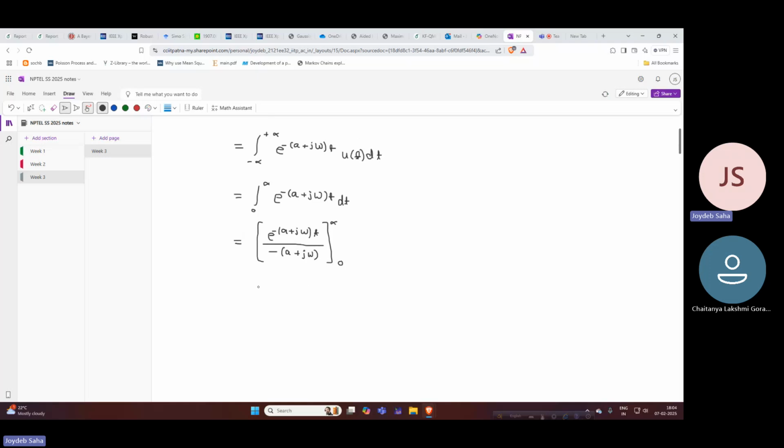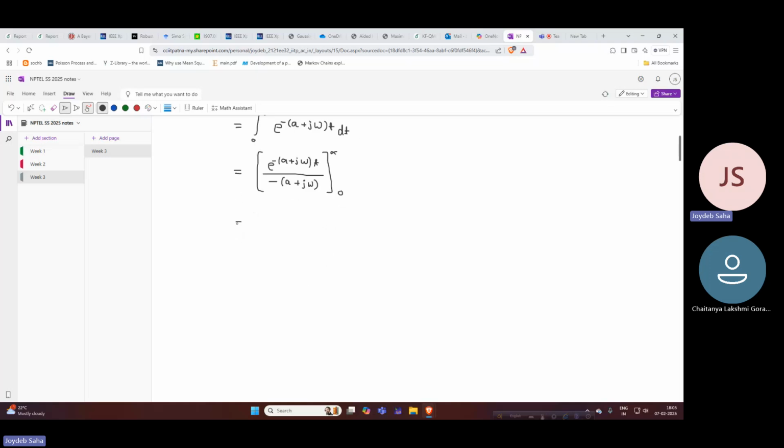Okay, so we will get minus 1 upon (a plus j omega) into, if we put infinity, then it will be 0, minus, if we put 0 then it will be 1.